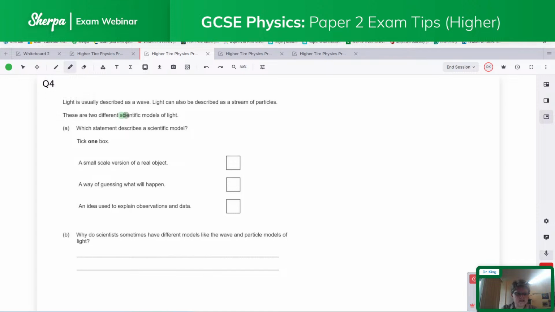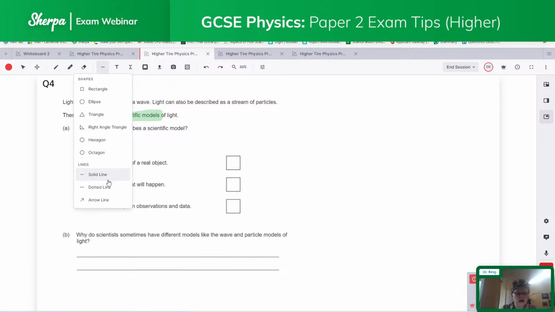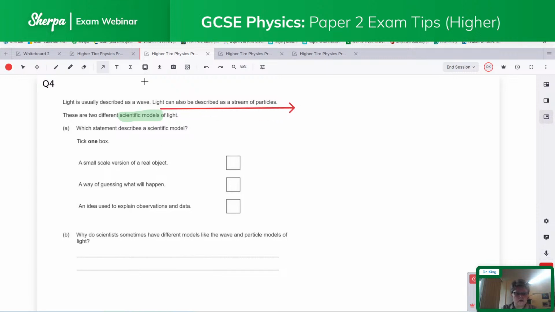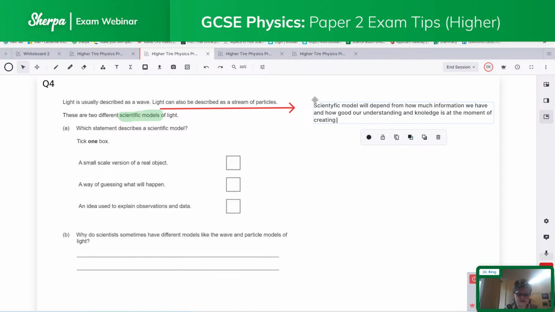That's very important because scientific models will depend on how much information we have, and how good our understanding and knowledge is at the moment of creating the scientific model.